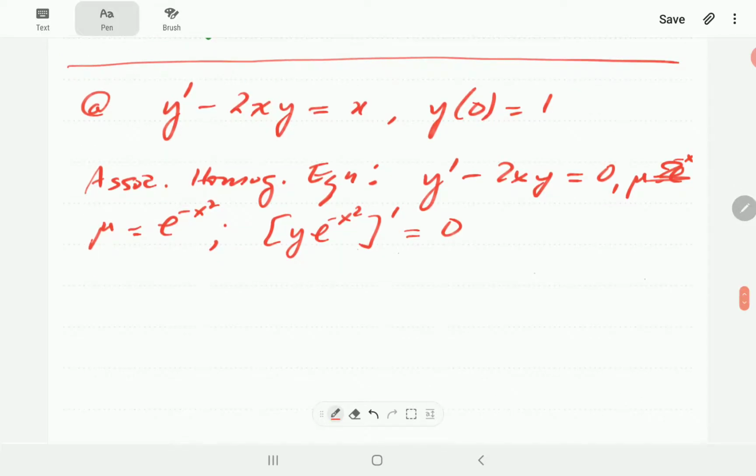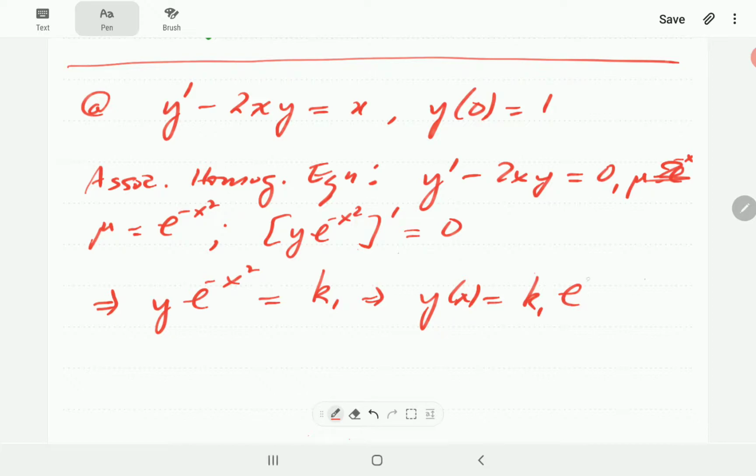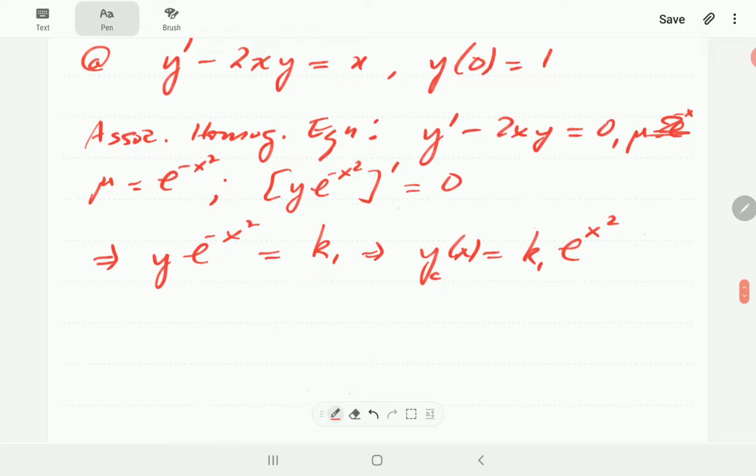Then if we integrate on both sides, y e to the minus x squared is equal to k1, where k1 is a constant of integration. So the complementary solution is going to be k1 e to the x squared. So that completes step 1.